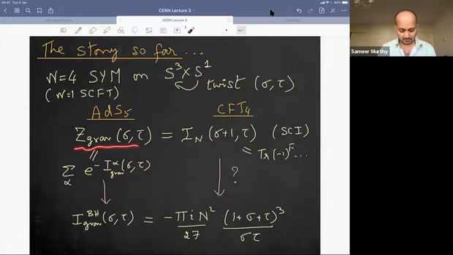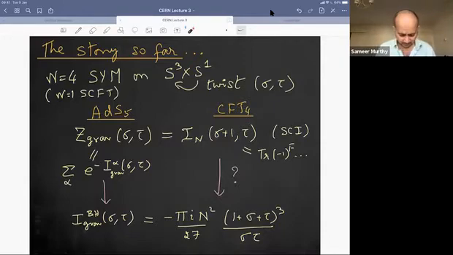That partition function has a sum over saddles, one of which is the black hole, and the action of the black hole we also calculated in the first lecture as a function of these chemical potentials. It goes as N squared times (1 plus sigma plus tau) cubed divided by sigma tau. So it's some cubic divided by quadratic. Any questions about this?